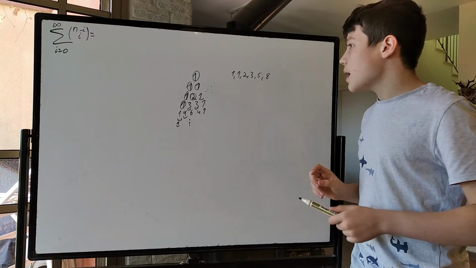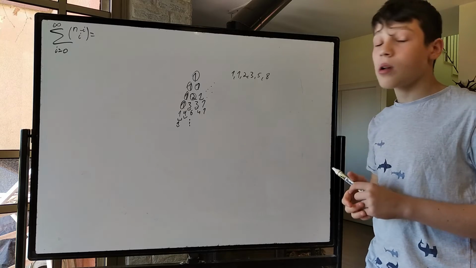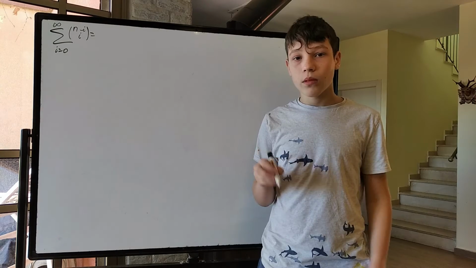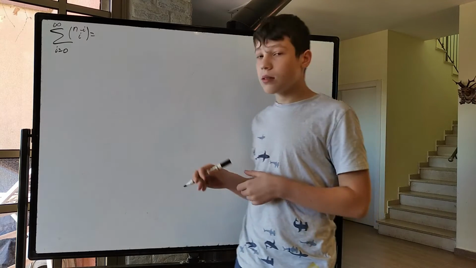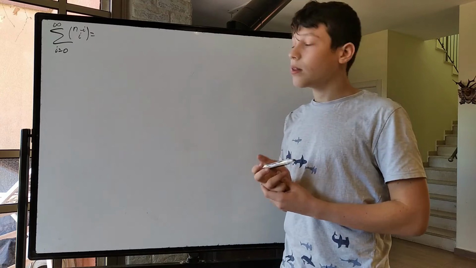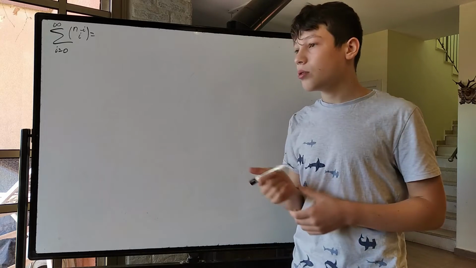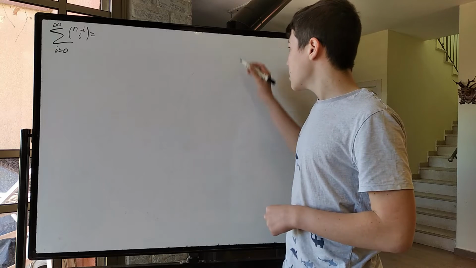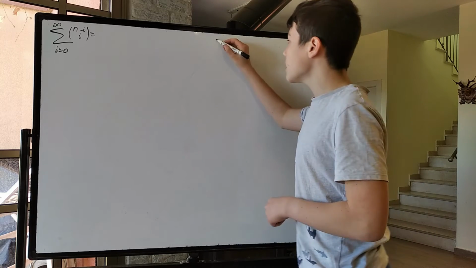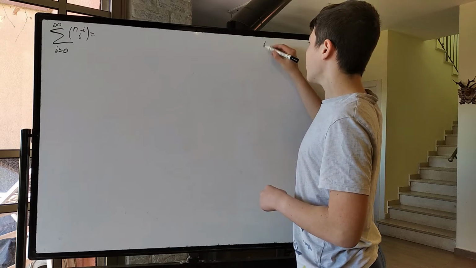So now let's try to see how it works algebraically. Alright, let's begin. The property we're gonna use for the choose function is its recursive property, which we write algebraically.